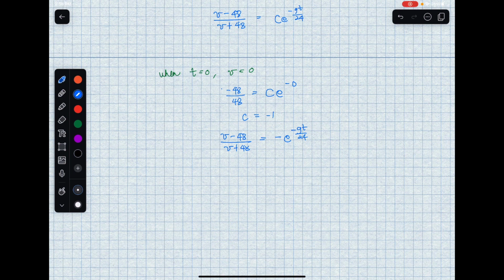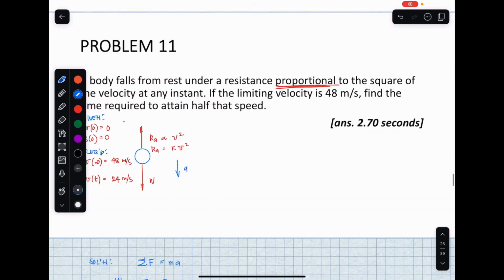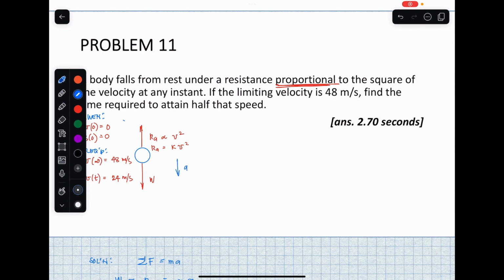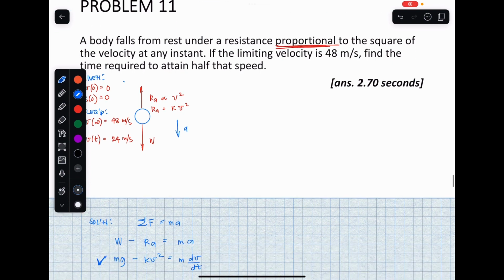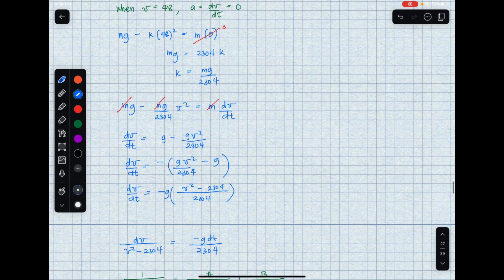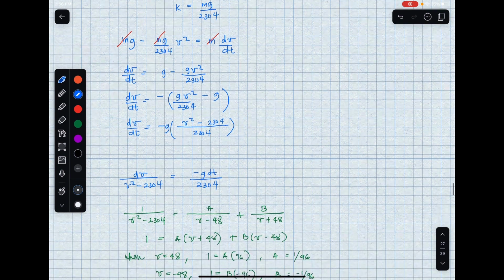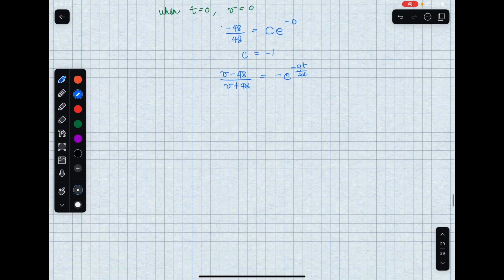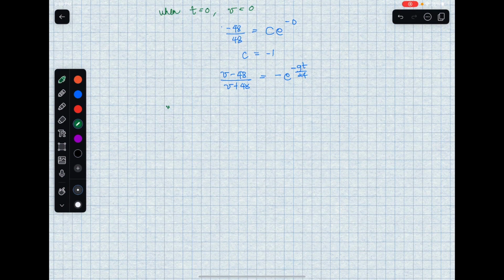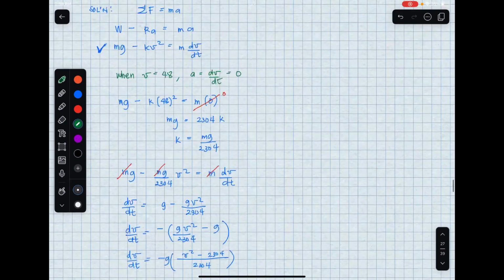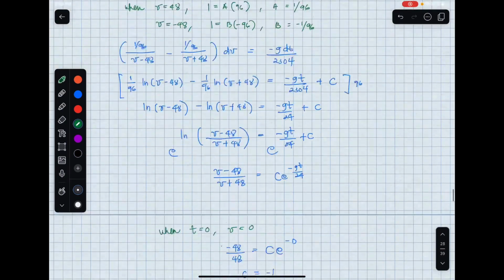So we find t. Our task is to find the t when the velocity is 24, sorry.